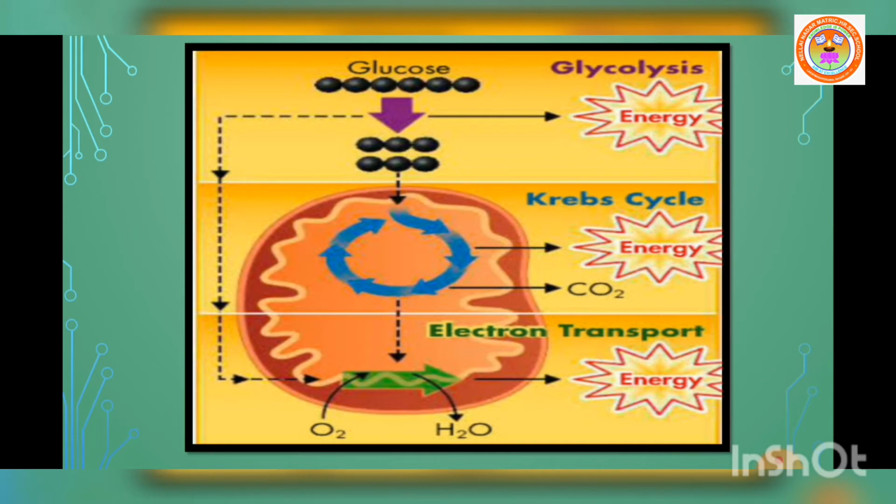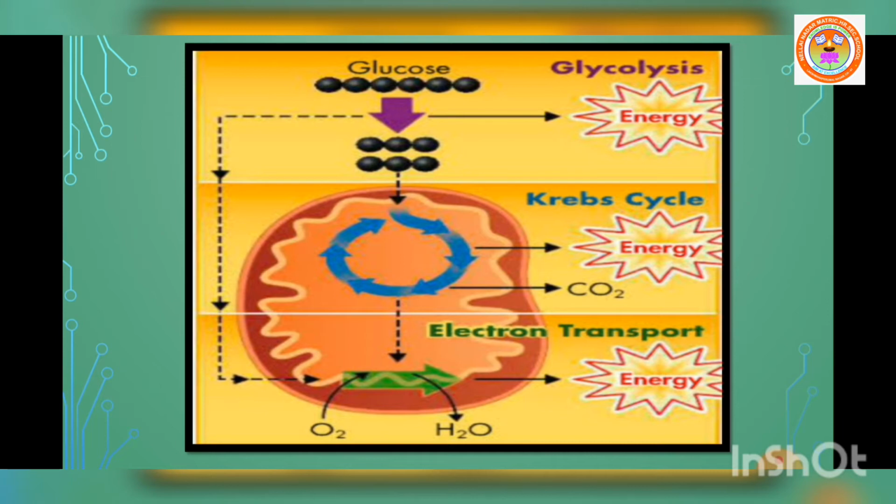It is a breakdown of one molecule of glucose. Glucose is a 6-carbon compound. One molecule of glucose breaks down into 2 molecules of pyruvic acid, a 3-carbon compound. This is known as glycolysis.